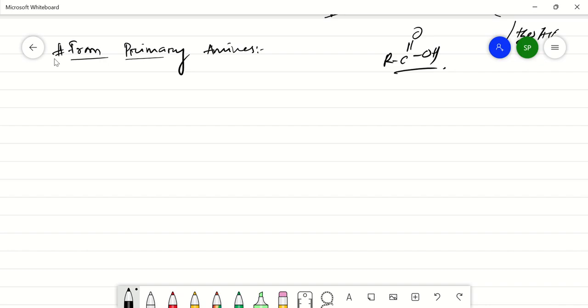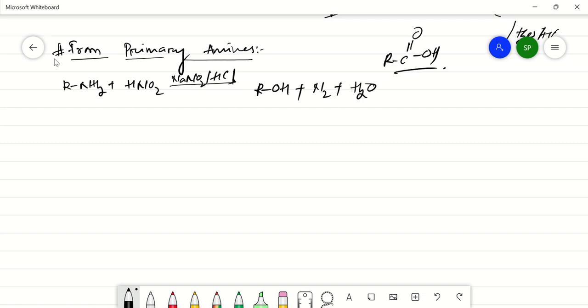We can also produce it from primary amines by reaction with nitrous acid, like RNH2 plus HNO2 in the presence of NaNO2 and HCl to produce ROH plus N2 plus H2. Okay, if you see, this reaction is generally in the presence of aryl amines, or we can say in the presence of aniline.